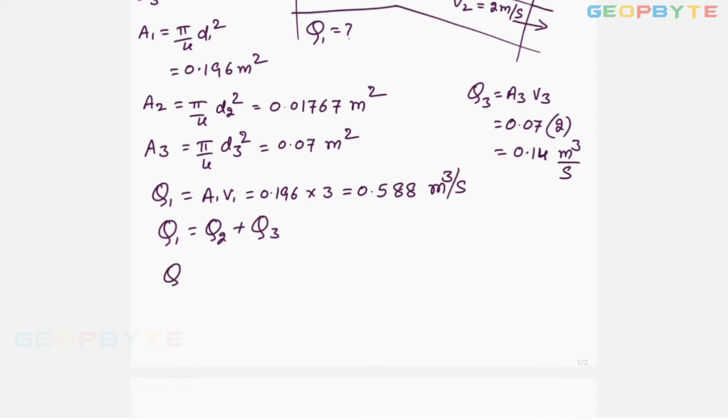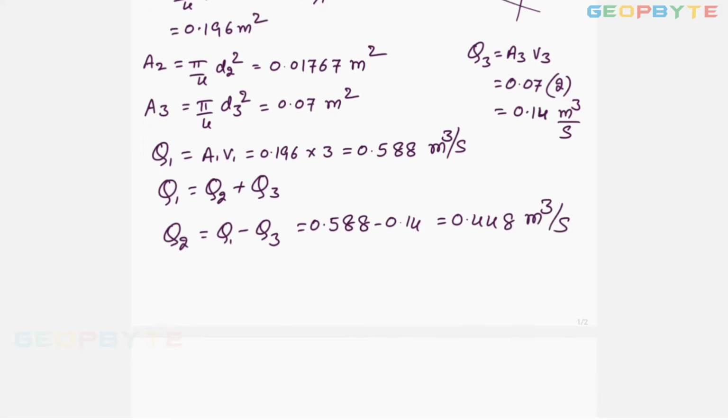Then Q2. What is the Q2? Q2 equal to Q1 minus Q3. Q1 equal to 0.588 minus Q3 0.14. Simplify this value for getting 0.448 meter cube per second. This is Q2, but Q2 equal to a2 into v2.